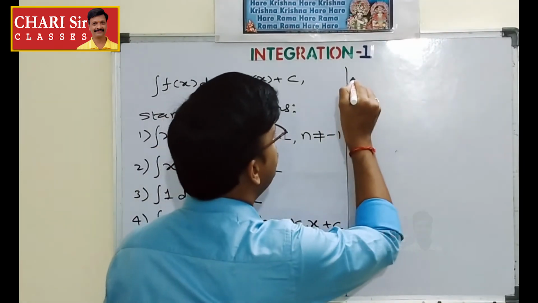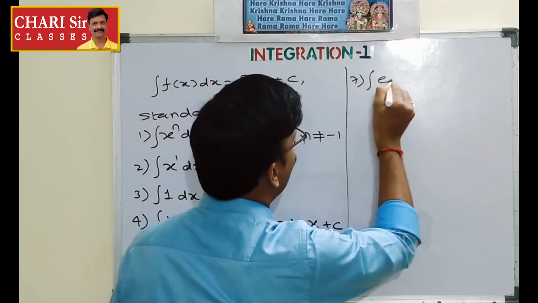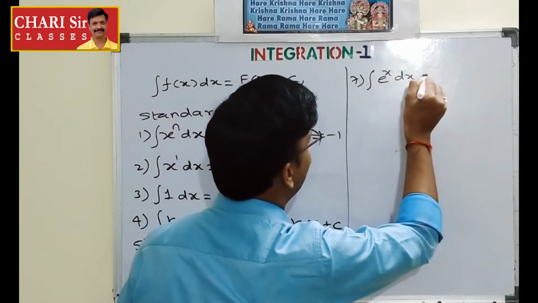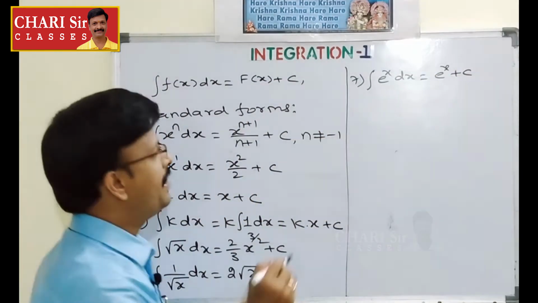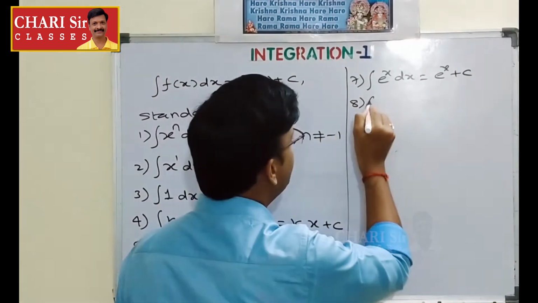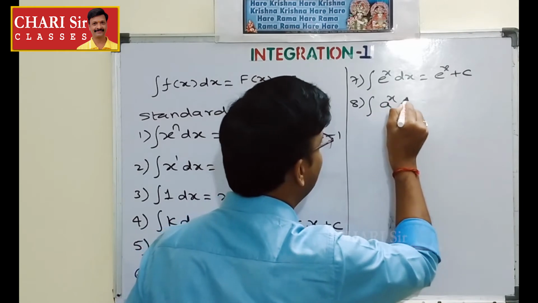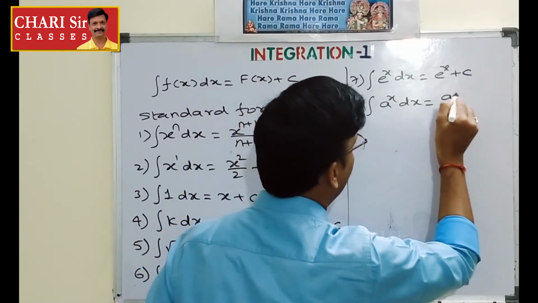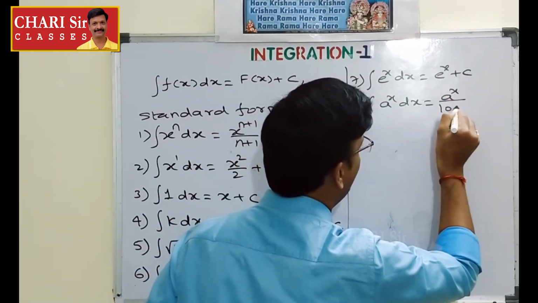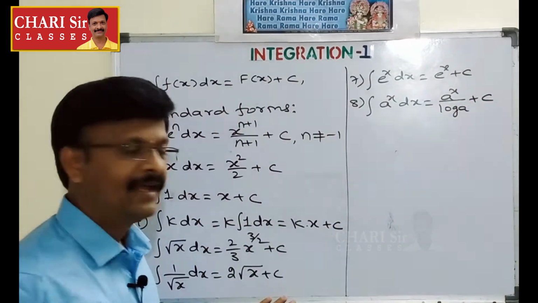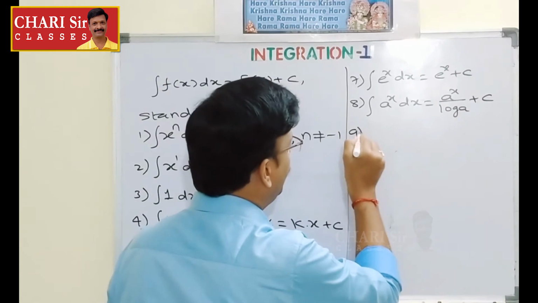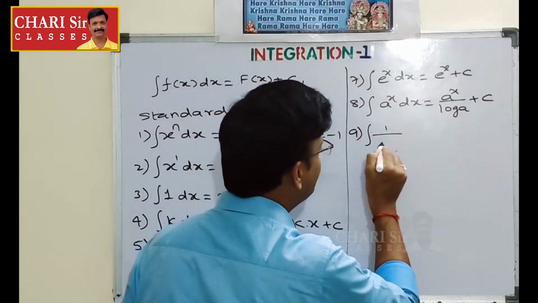That is integration of e power x dx, which is equal to e power x plus c. And now integration of a to the power of x dx, which is equal to a to the power of x by log a plus c. And also integration of 1 by x to the power of n.